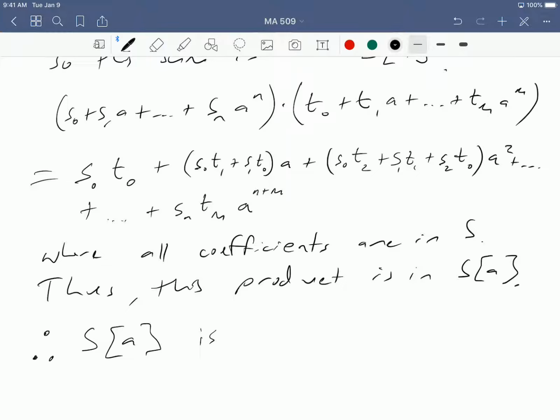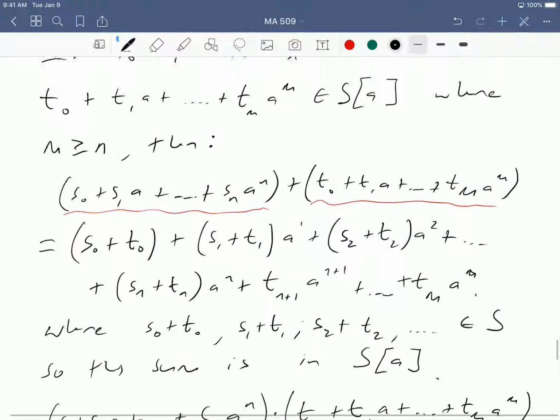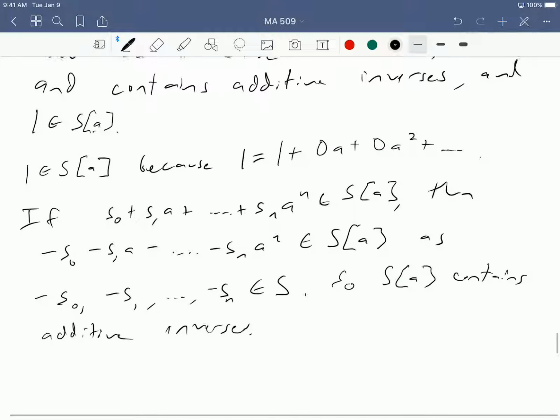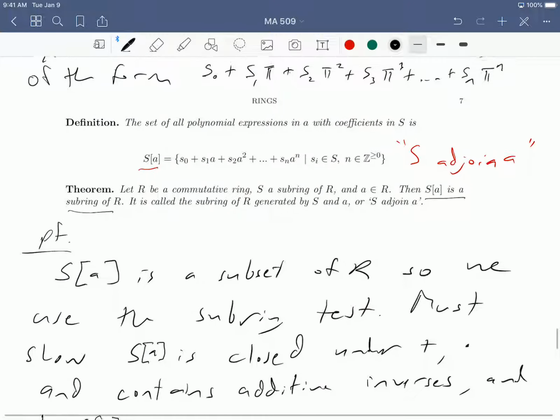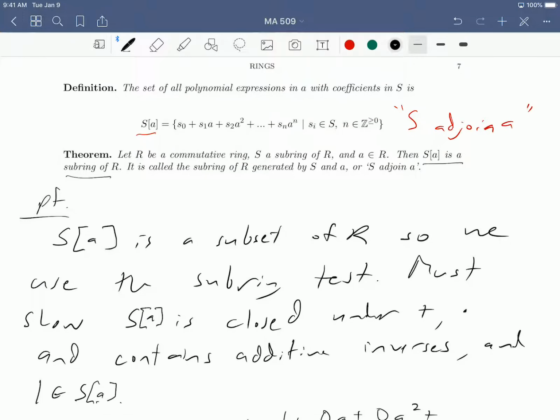So that means it's a ring because it's a subring of R. All right, so that's the proof that this set that we came up with, let me go back up to the top to see it, all these polynomial expressions with coefficients in S, this is a new way to form a ring, and it's a subring of R. So we're going to see this a lot. In the next video, we'll work through some examples of what more of these things actually look like.